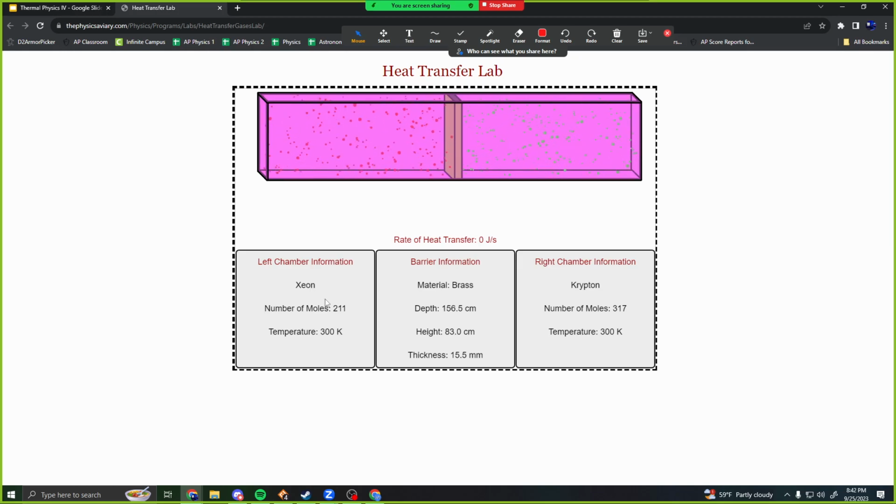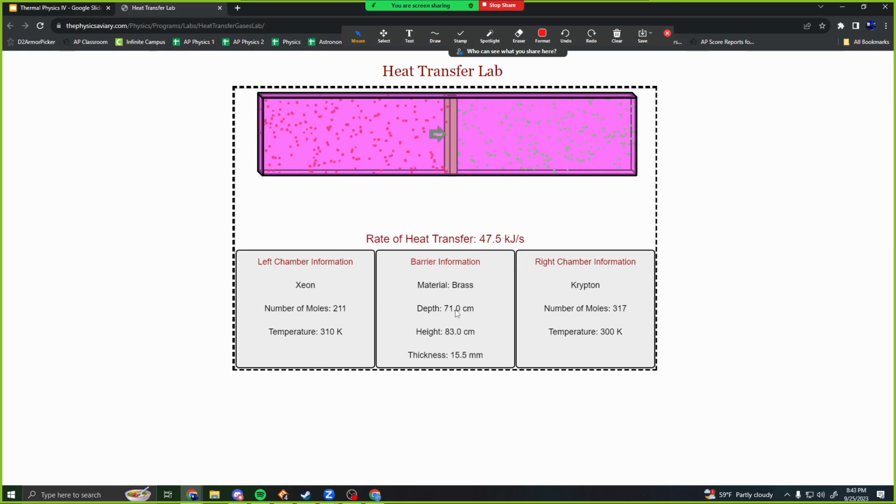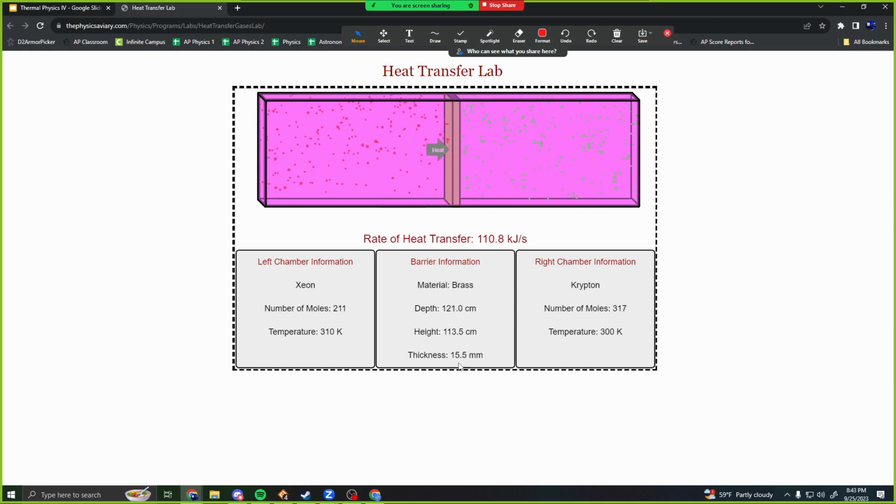Okay. If I raise the temperature once again, if I am changing the bounds of my barrier here, you can clearly see that all of that is going to affect the rate of heat transfer, and hopefully that makes some sense. Okay.